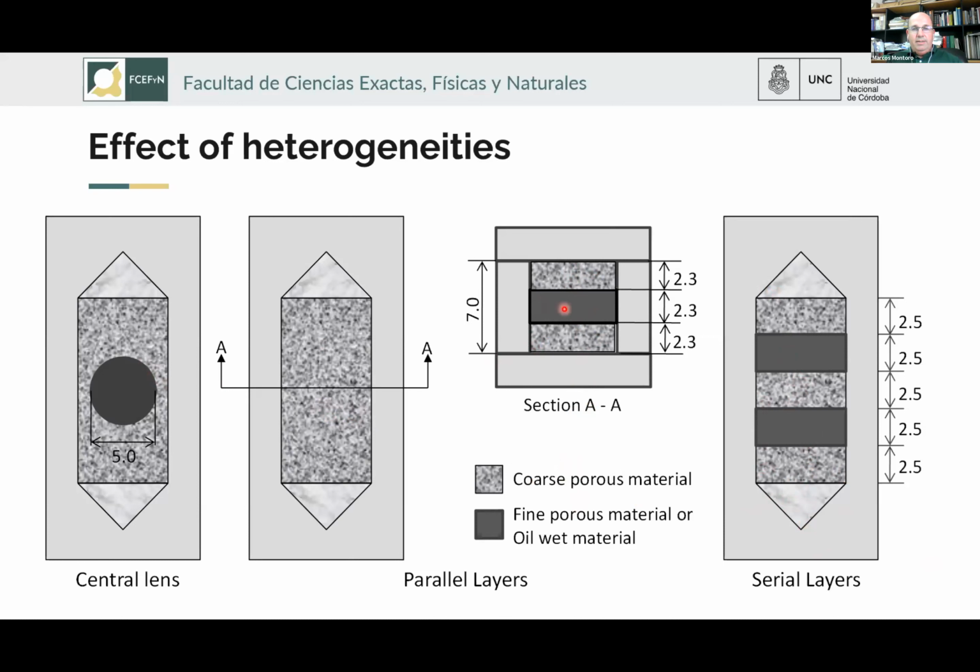The cylindrical lens, the central layer, and these 2 layers were composed either of coarse sand grains having 25% of silty particles, or by medium sand composed by NAPL wet grains.